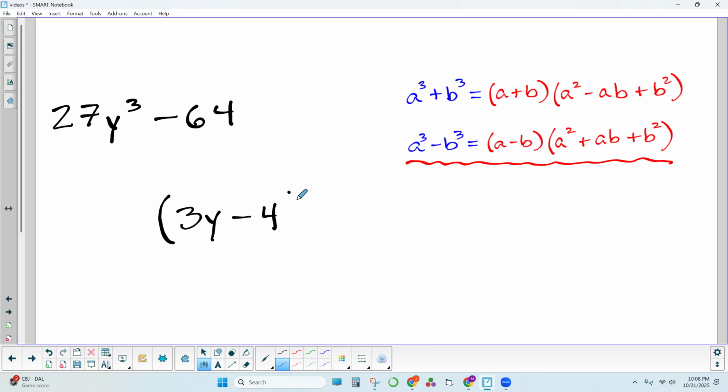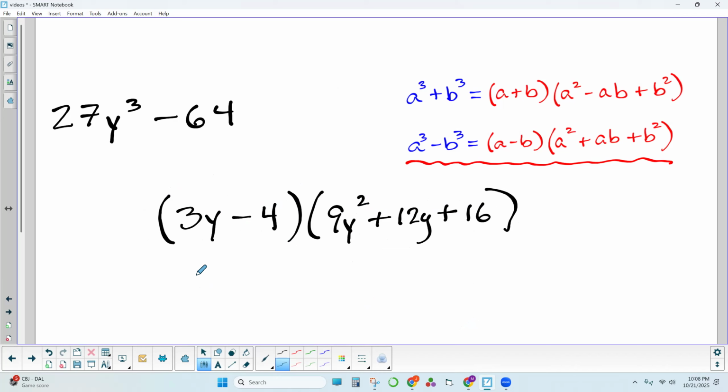So that is my binomial. Now for my trinomial, I'm going to take a and square it. So 3y times 3y is 9y squared. And then I'm going to add the product of 3y and 4, which is 12y. And then lastly, I'm going to add b squared, which is 16. And we are done.